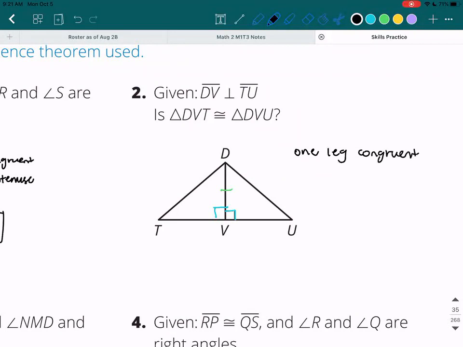Is that enough? That's not enough information. We need two pieces of information besides the right angle. We need two pieces of information to say that they are congruent. So since they only have one leg congruent, this is not enough information. These are not congruent triangles.